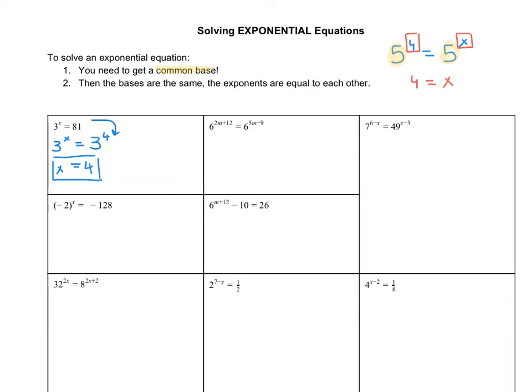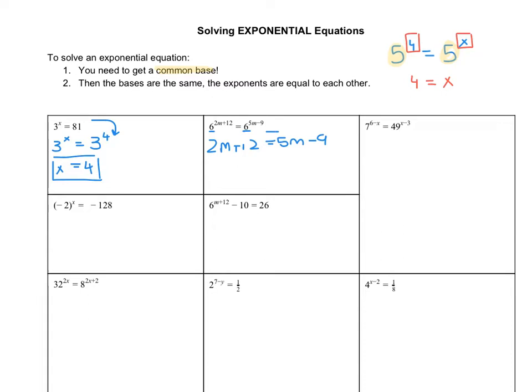If we look at the next one, my bases are already the same in that they're both 6, but my exponents are a little more complicated. So I'm going to set my exponents equal to each other. So 2m plus 12 equals 5m minus 9. Now it is a grade 9 skill of isolating for your variable.